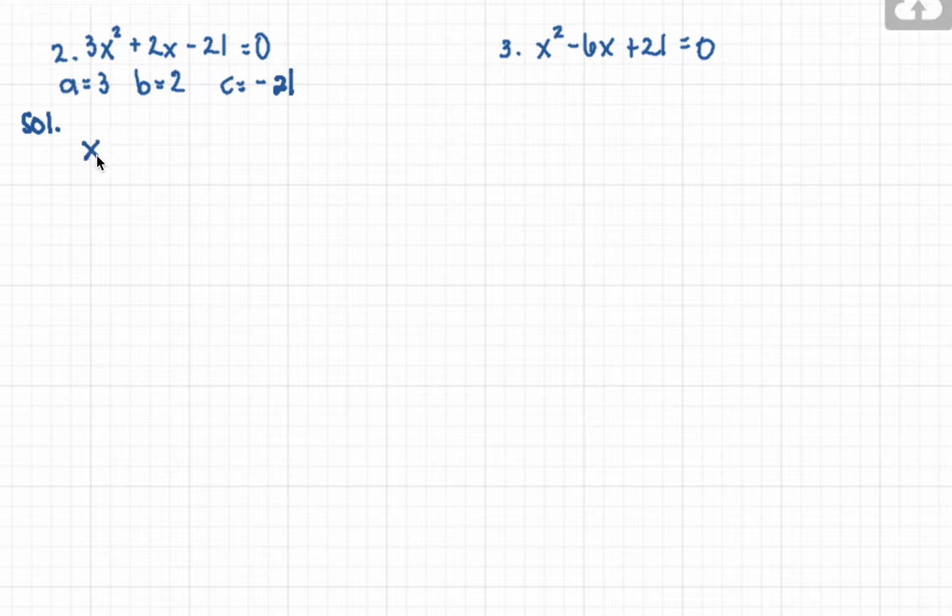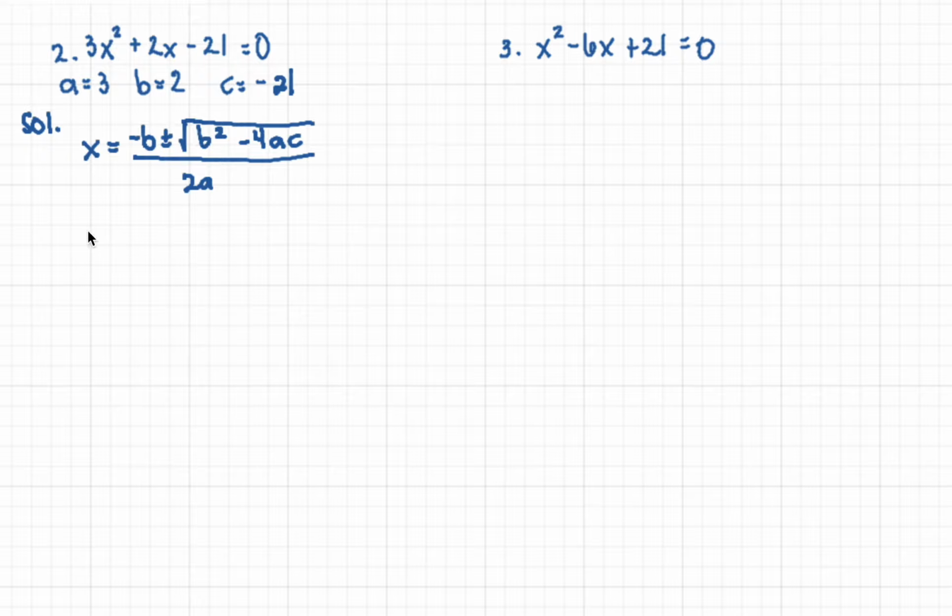So, ano ba yung formula natin? That is, x is equal to negative b plus and minus the square root of b squared minus 4ac all over 2a. So, ang susunod natin gagawin is we substitute the values ni A, B, C dito sa equation na to.